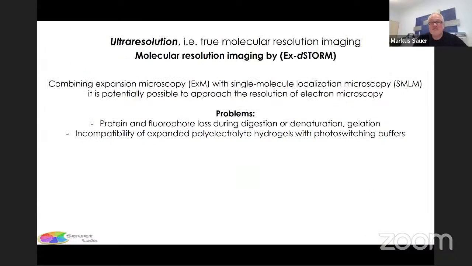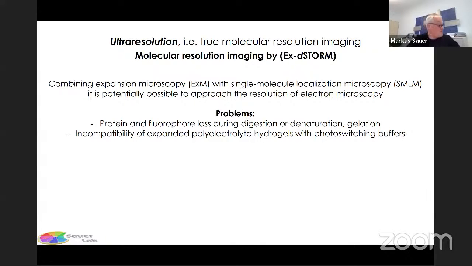So one step further, I've shown that you can expand lipids, you can expand proteins in multi-protein complexes using post-labeling. In combination with tenfold expansion and structured illumination microscopy, you can achieve 10 to 20 nanometer resolution, multicolor, under ideal conditions. Can we push things further and go towards molecular resolution? So there are still other problems coming into the game.